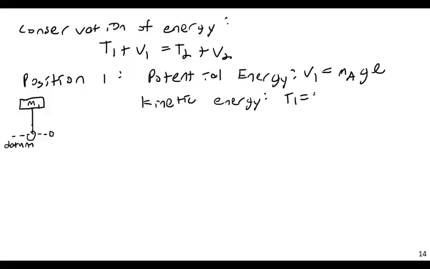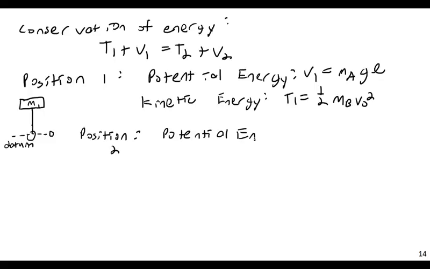So T1 then equals 1/2 MB V naught squared. And then at position 2, the potential energy V2 equals, well, each of these objects will have a certain amount of potential energy.